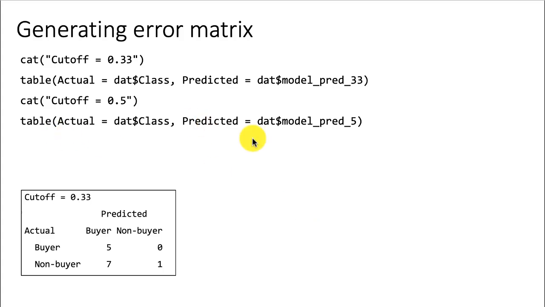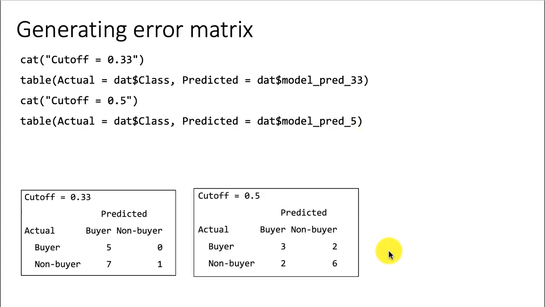And then we do the same thing, except that instead of model pred 33, we say model pred 5. So that generates this. Since the cutoff to be accepted as a buyer is now higher, you see that there are fewer actual buyers being accepted as buyers.